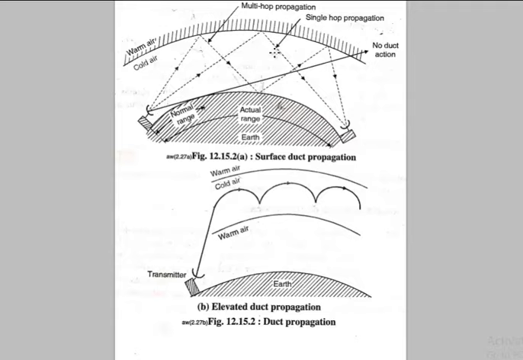The wave is being reflected, and now this is an example of an elevated duct, where the wave is reflected in the elevated duct which is lying well above the ground at a certain height, with subsequent bouncing of the wave in the duct. So it can cross a region well beyond the line of sight propagation.